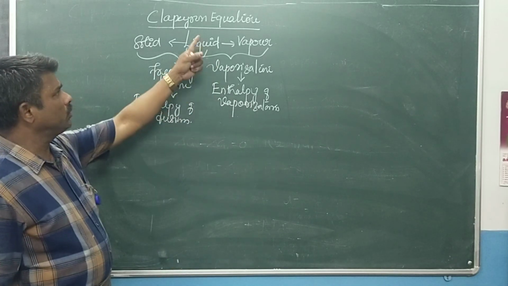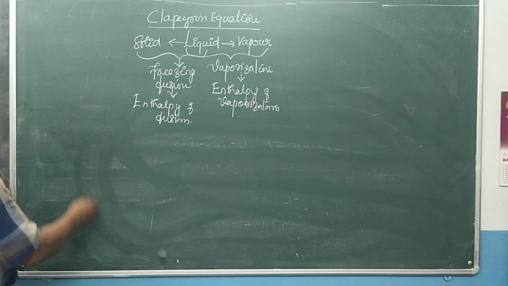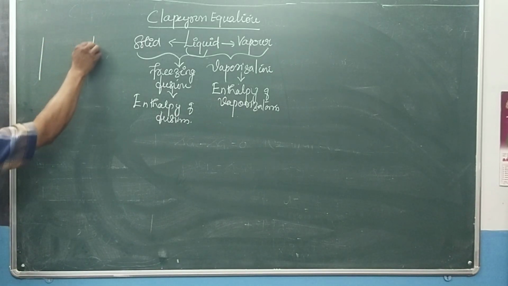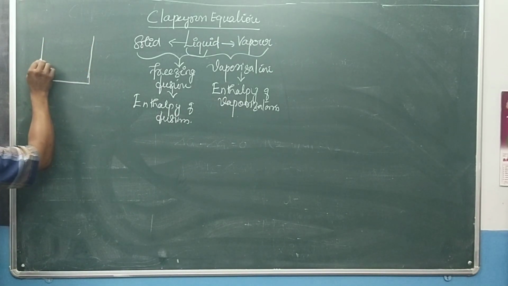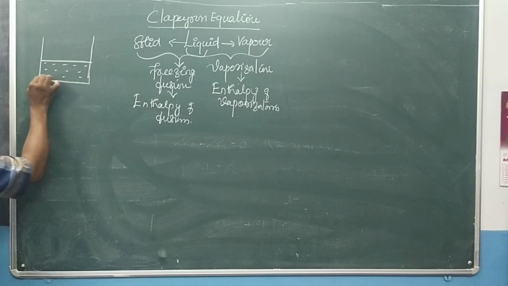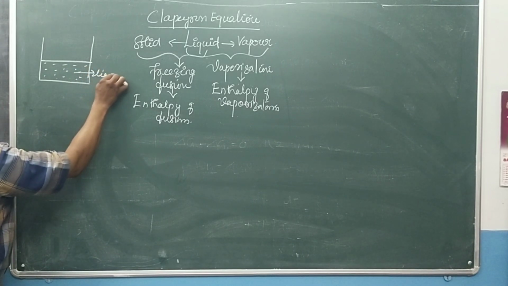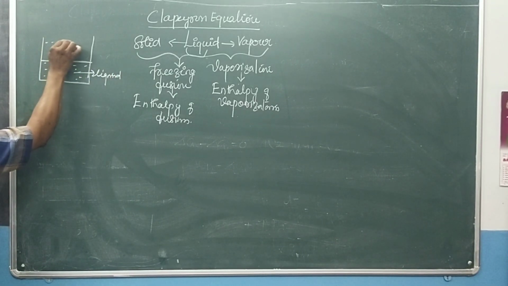Now let us start to derive the Clapeyron equation. For this, let us consider a system. The system contains both phases. One is liquid, another one is vapor. This is liquid. This is vapor.